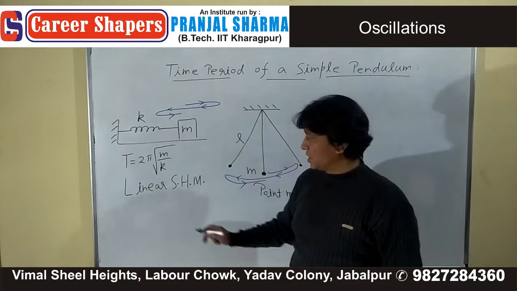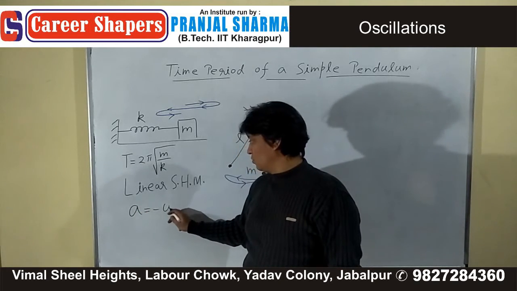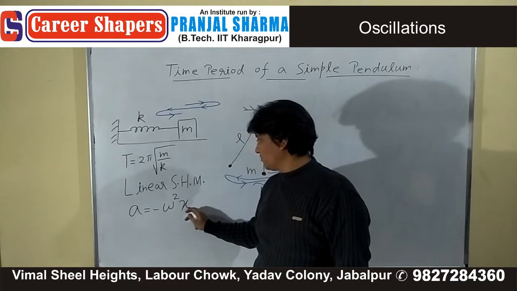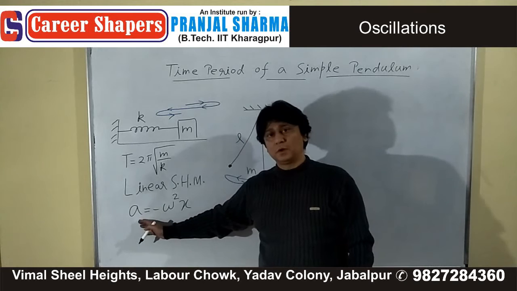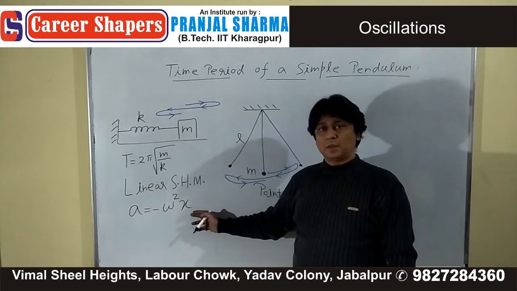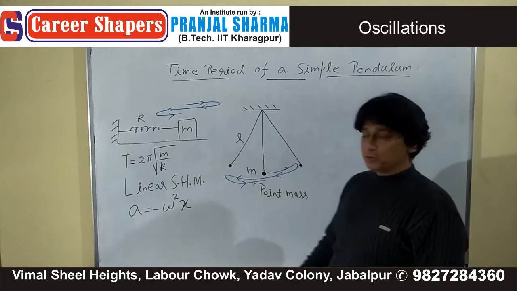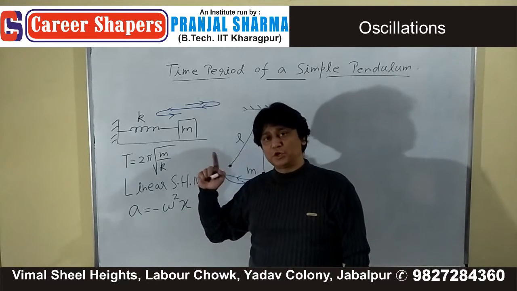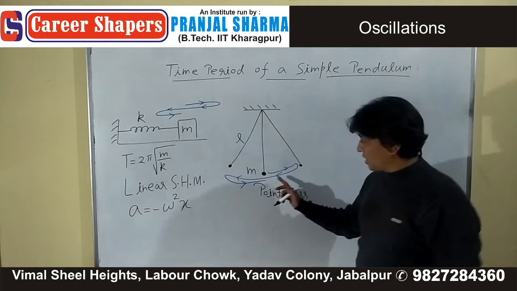For linear simple harmonic motion, we use a equals minus omega square x. a is your acceleration, and x is the displacement from the mean position. What is the mean position? The mean position is that position where the total force is 0.